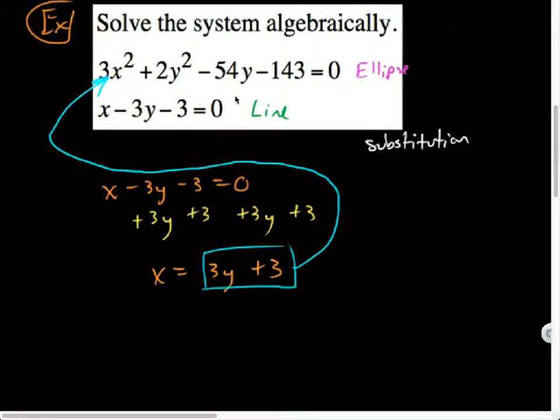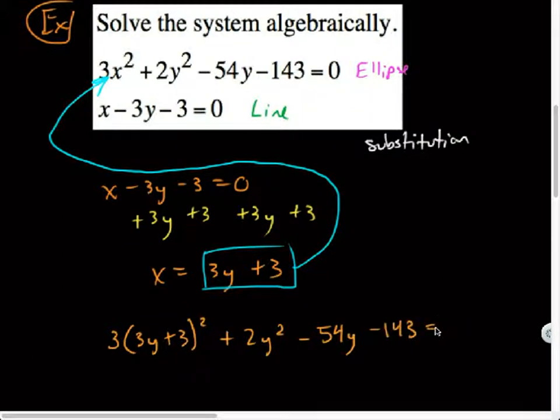And what's that going to do? That's going to give me an equation all in terms of y's, which is great. So I'm going to have 3 times (3y plus 3) all squared, plus 2y squared minus 54y minus 143 equals 0.